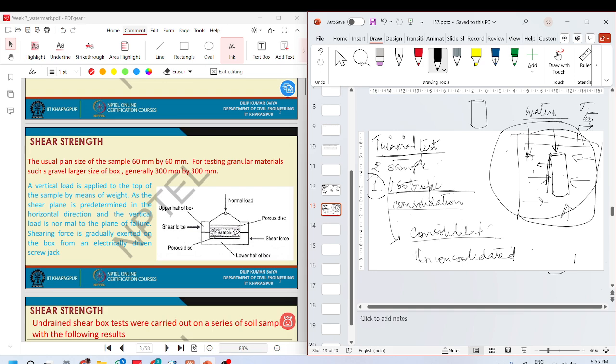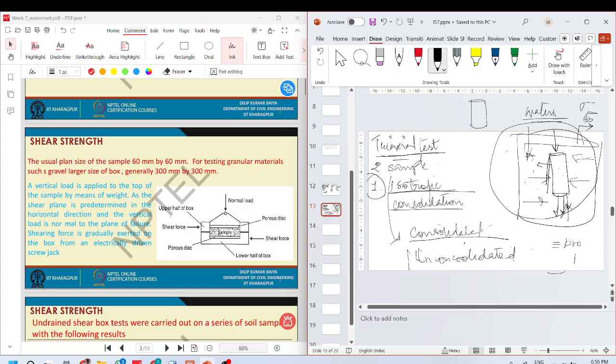Consolidated is when you let the water from the sample escape, you let the sample deform under this consolidation load so that it reaches an equilibrium. This is so that you reach a particular state at which you want to get the shear strength. Unconsolidated is when you load and you don't wait for the drainage to happen.